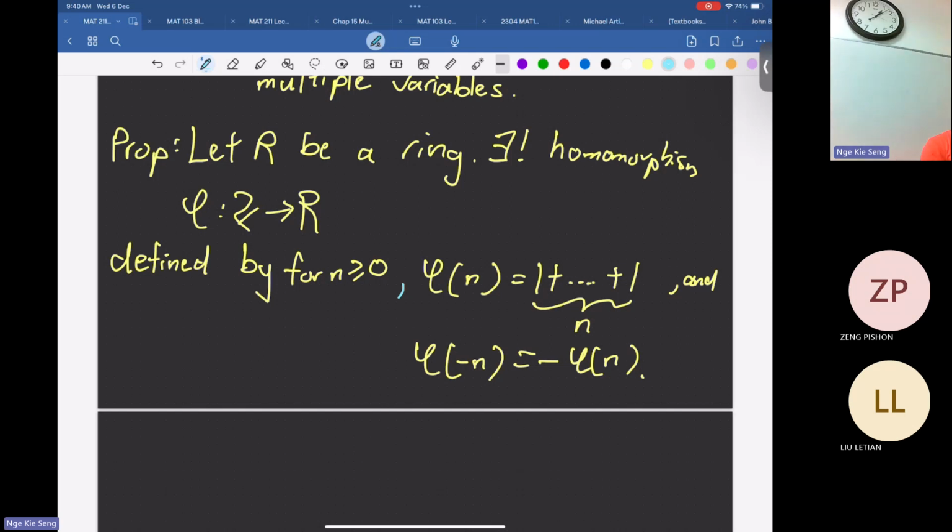This addition really depends on the addition in your ring. If you have done the exercise in your assignment, you have an addition on sets, right? So you need to add the multiplicative identity using the addition you have.